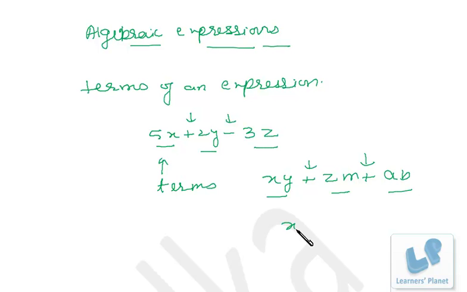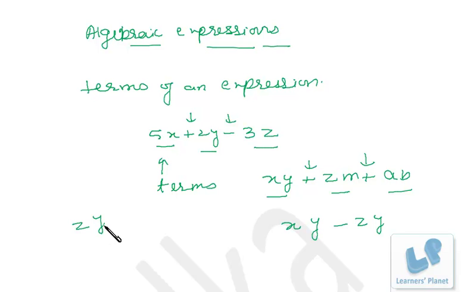But if I write this only, x into y, then this is just one term. These are not called 2 terms, right? Because the connector between the 2 should be addition or subtraction, right? So xy minus zy, there are 2 terms, but if I write only zy, that will be a single term, right?